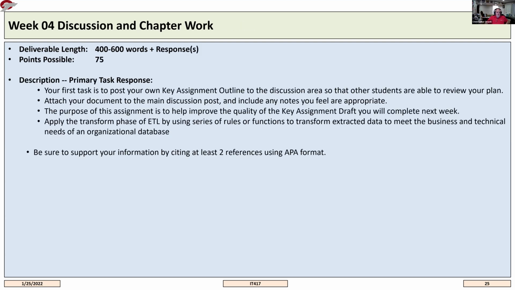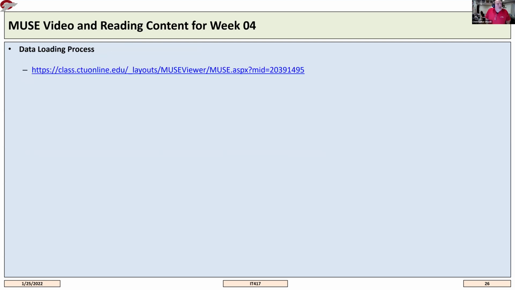Week 4 will be about key assignments, the key assignment drafts, the outline, how you address your plan, and what you feel about the different phases and rules that you would need in order to execute SQL statements, and those SQL statements that you're going to use inside the individual project at that point.